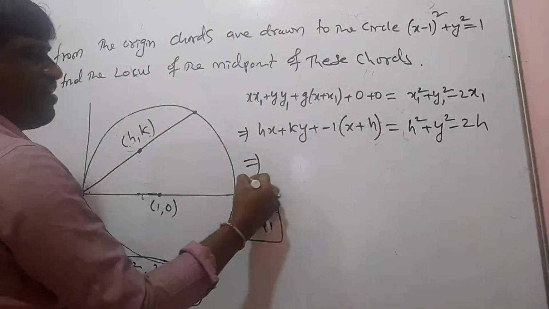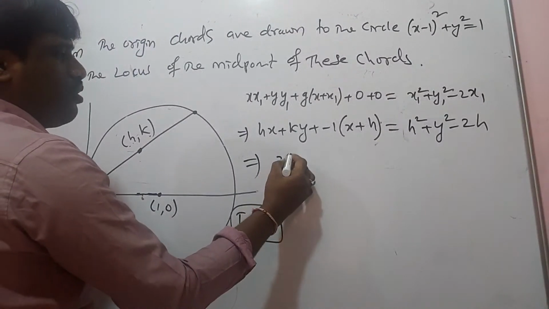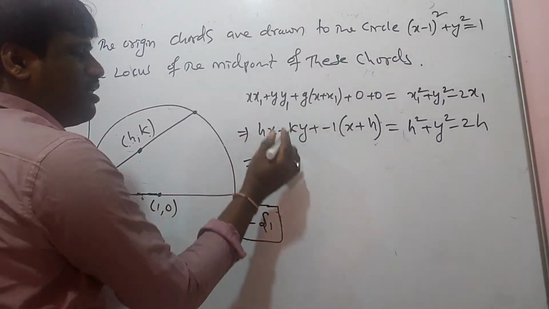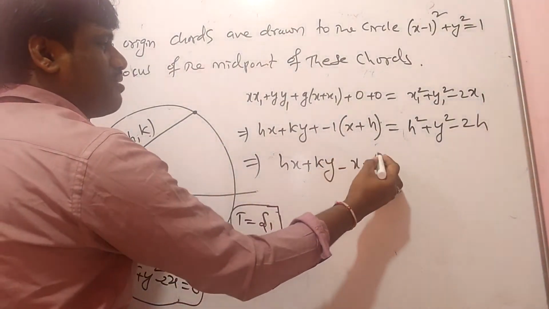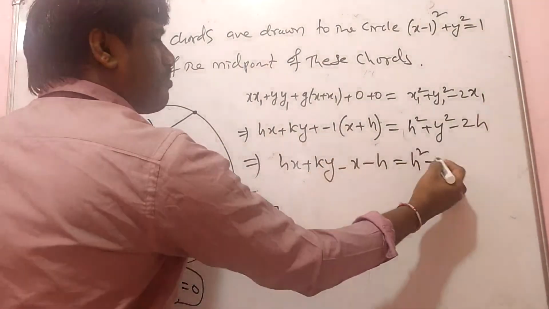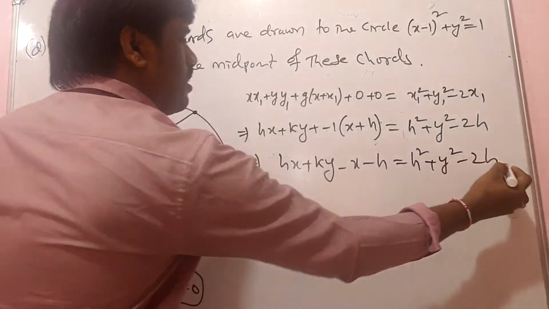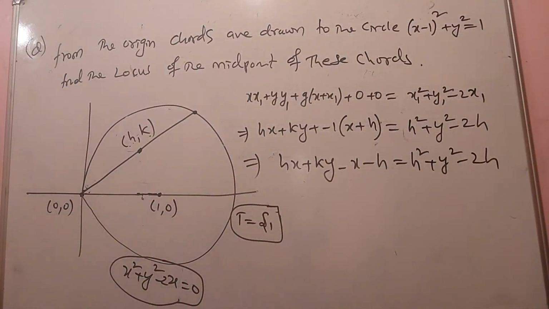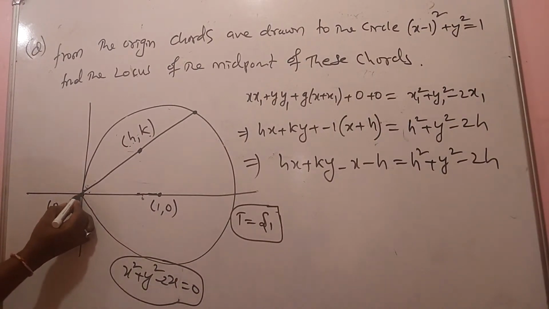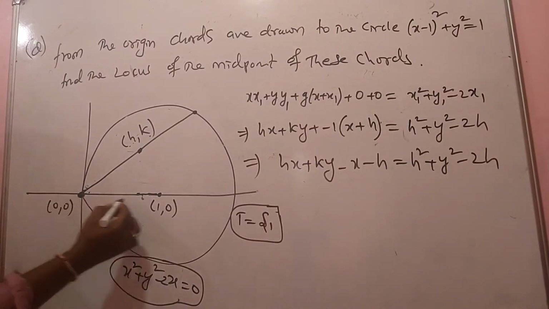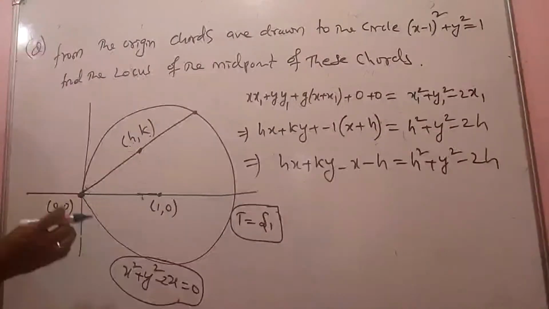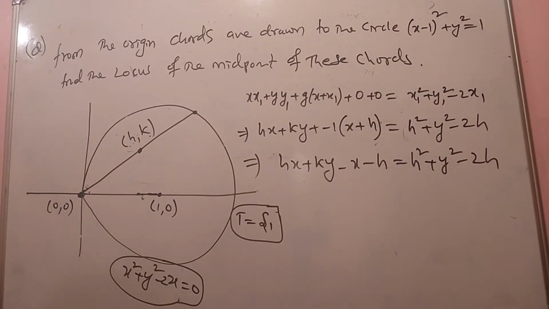Now if you simplify this, what I am going to get here is hx plus ky minus x minus h is equal to h square plus k square minus 2h. And this chord of contact is passing through the origin, so you can substitute x and y as 0 comma 0.